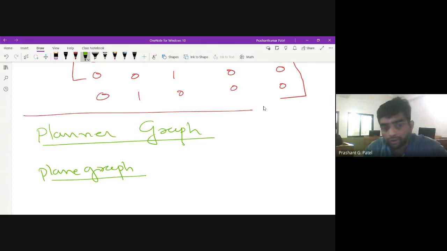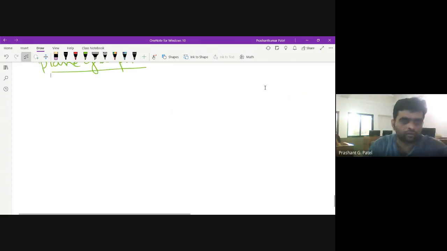So if you are able to draw a graph in such a way that any two edges either never meet or meet only at their end vertices, this is the only thing. So I'll write that. What I'm talking about is a graph.